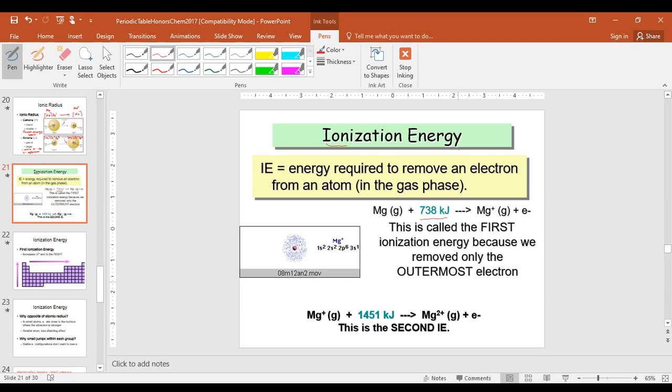One thing I want you to notice right now is the second ionization energy is greater than the first ionization energy because now we're removing the electron from a cation, which has a greater attraction for the electron.